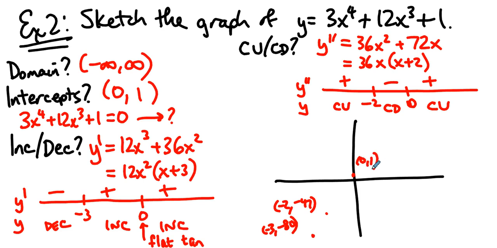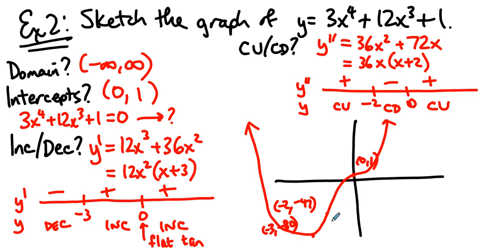So let's keep track of what we're doing here. We're increasing to here. I'm sorry, we're decreasing to here, and then increasing to there, and then still increasing after there. So it's got to come down and then go up and then go up again.